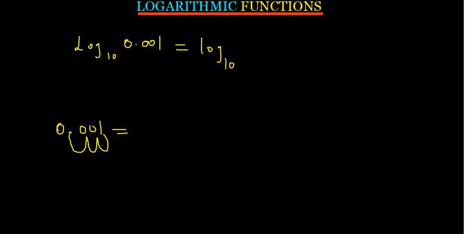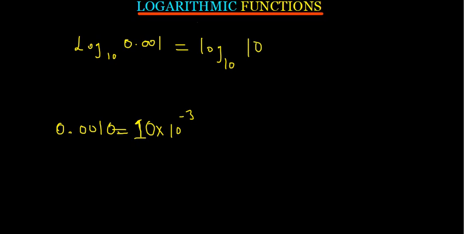So if it reaches here, the answer is going to be 1. If we forgot how we write numbers in exponential form, that is going to be 1, you always multiply by 10 to the power negative 3. If I move it again, that would have been 10 multiplied by 10 to the power negative 3. I meant to the power negative 4. So that is the tricky part when you're converting.